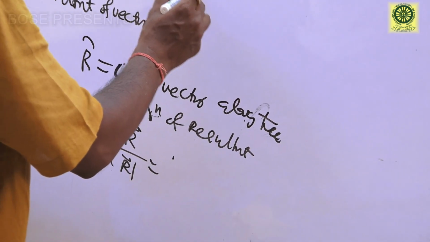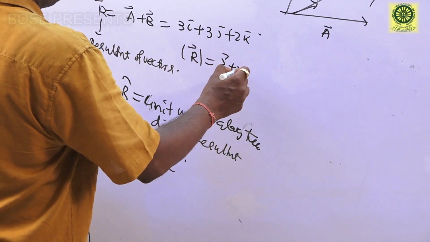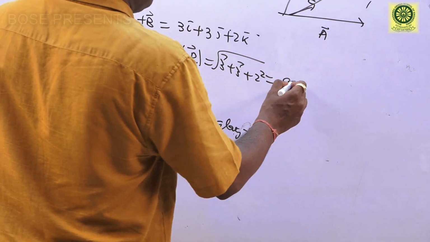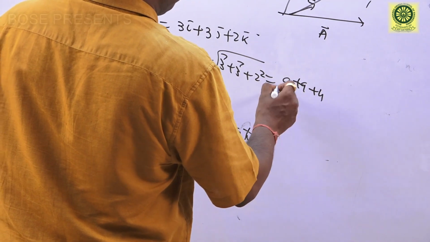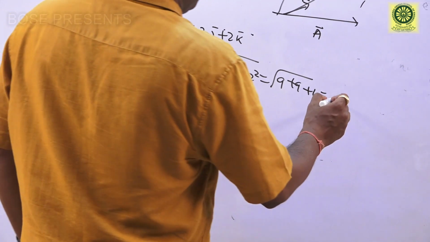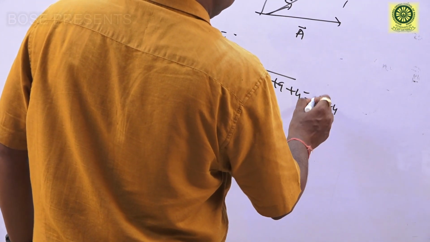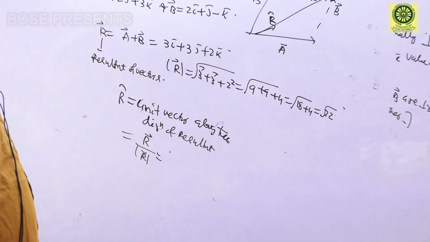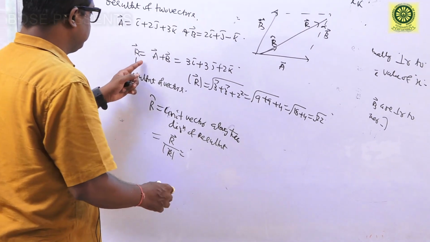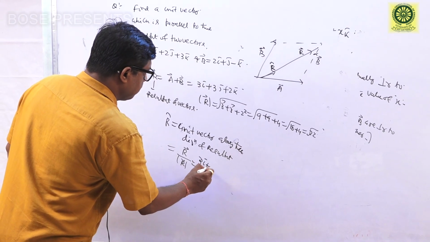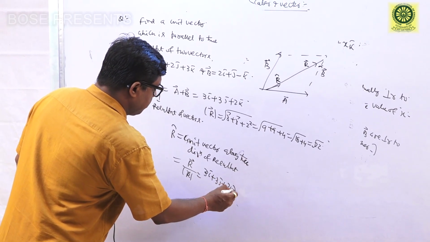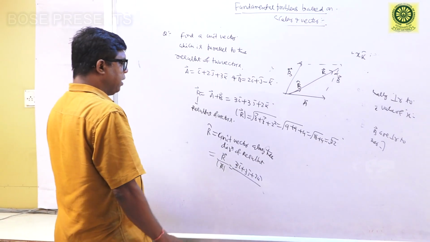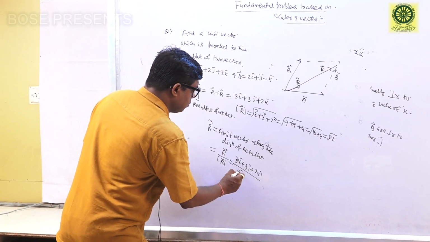So R magnitude is the square root of 3 square plus 3 square plus 2 square. That is 9 plus 9 plus 4, which is 18 plus 4, 22. The R vector is equal to 3i cap plus 3j cap plus 2k cap, divided by R magnitude, which is root 22.